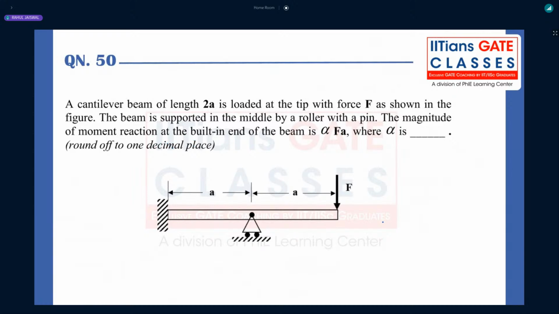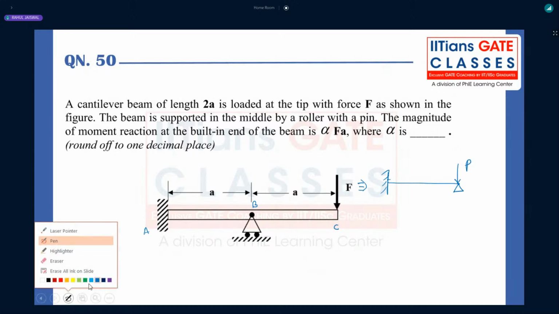So here you can convert into an equivalent diagram like this. Whatever the F is there, you transfer this F to this point. This is point A, point B and point C. You transfer the load P. When you transfer any load to any point, what is the method we have discussed?